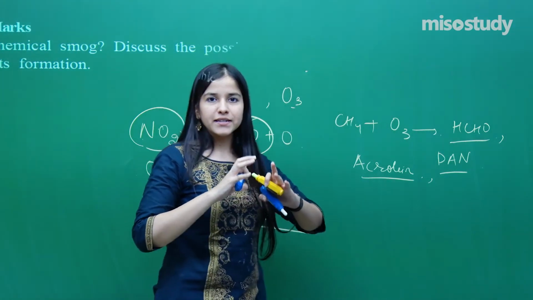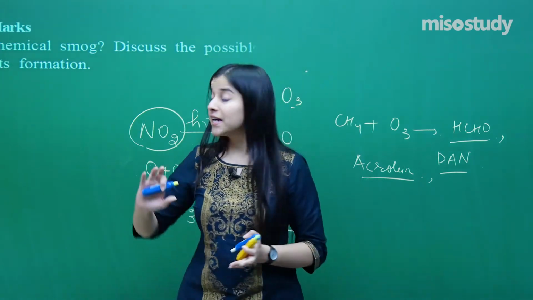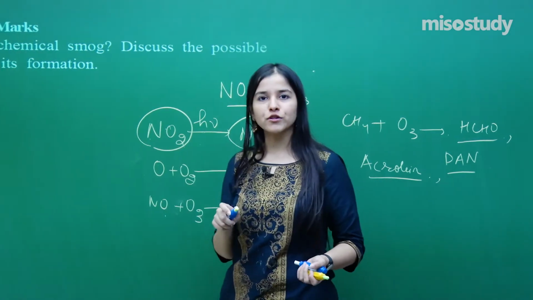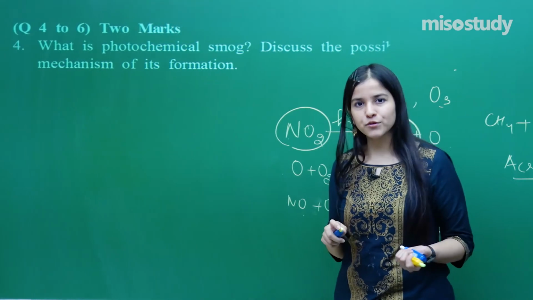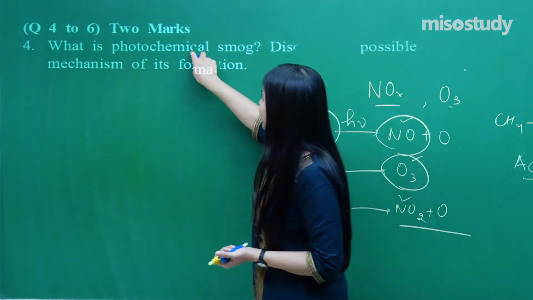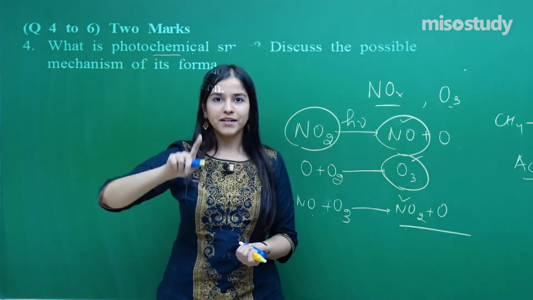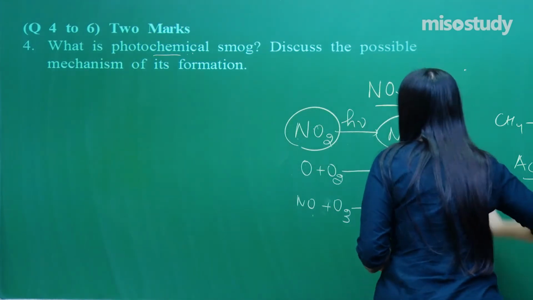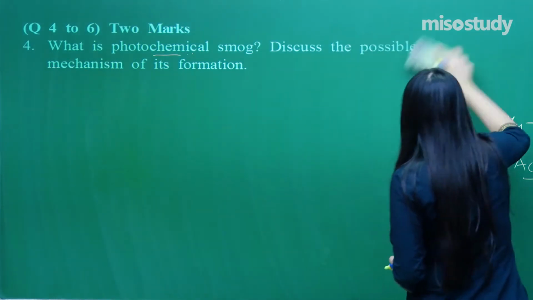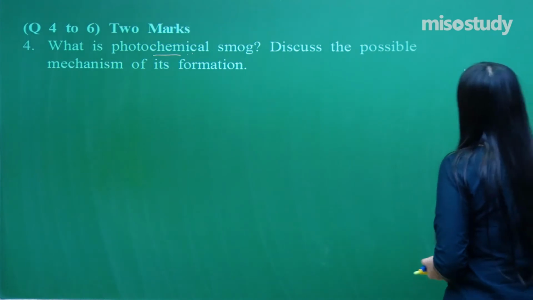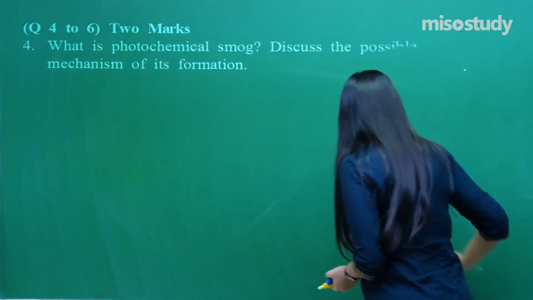So we have taken up a general idea about it. Photochemical smog is also known as oxidizing smog, and it is formed in the presence of sunlight. You need to mention that. So that was a 2-mark question, and we have justified 2 marks over here. Now let's move on further.